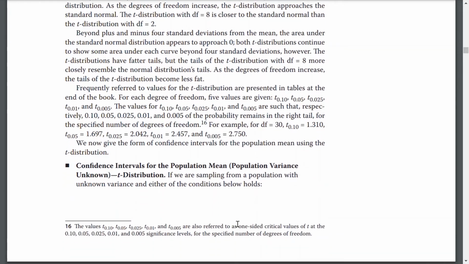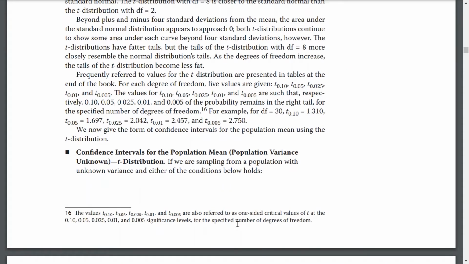Frequently referred to values for t distributions are presented in the table at the end of the book. For each degree of freedom, 5 values are given: t0.10, t0.05, t0.025, and so on. You use these to get confidence intervals for the population mean when the population variance is unknown.